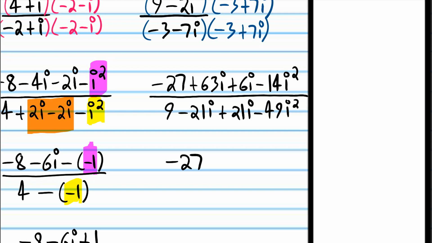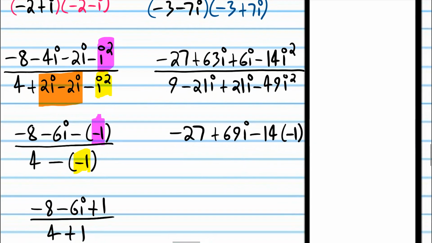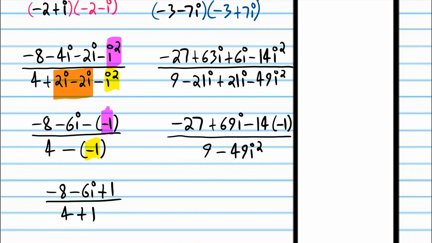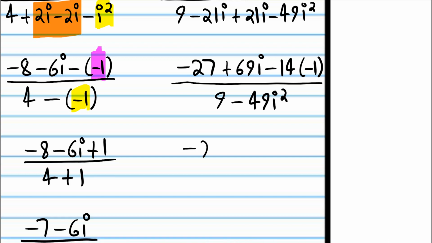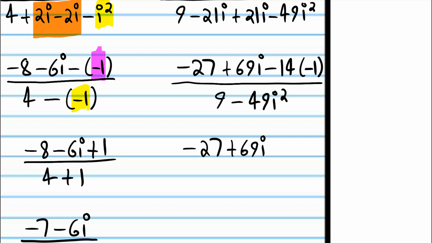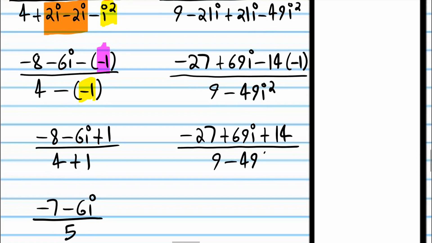If we add the i's, we get 69i. And minus 14 times negative 1. In the denominator, we get 9 minus 49i squared. And we get negative 27 plus 69i plus 14, over 9 minus 49 times negative 1.